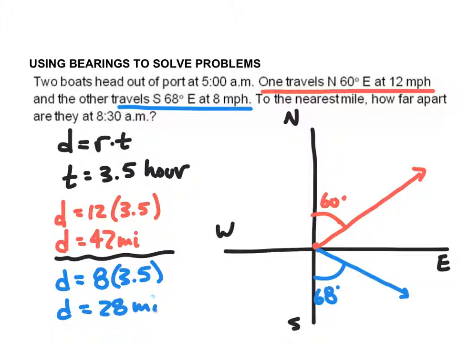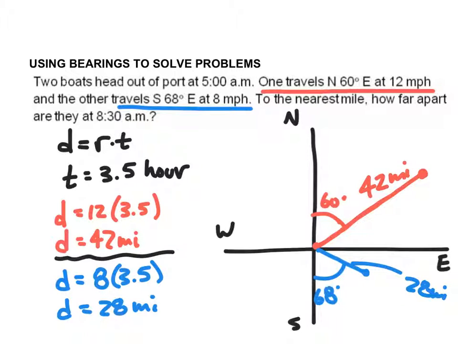I'm going to erase this and change this up a little bit, just so we've got something reasonable here. I'll stop this point here and call this a distance of 28 miles, and then this distance here is going to be 42 miles.